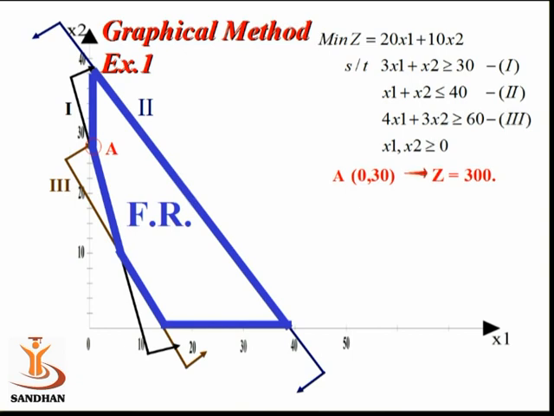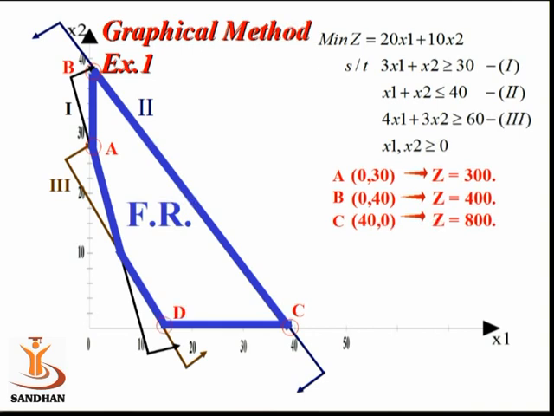In a similar way, I will proceed to another corner, call that B, and B has coordinates 0, 40, and the value of the objective function z is equal to 400 at B. Similarly friends, we will go to another corner of the feasible region, call that C, and the coordinates of C are 40, 0, and the value of z at C is 800. Remember, we are using the objective function for calculation of z, and the coordinates of all corners, x1 and x2. So z is 800 at C.